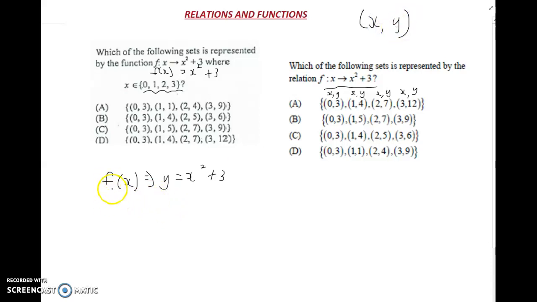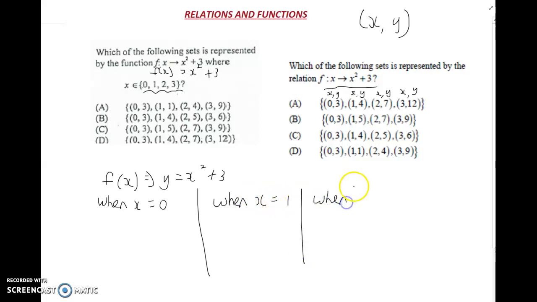Now we need to find the y value when x is equal to 0, when x is 1, when x is 2, and when x is equal to 3.